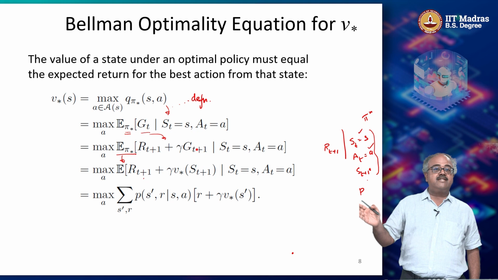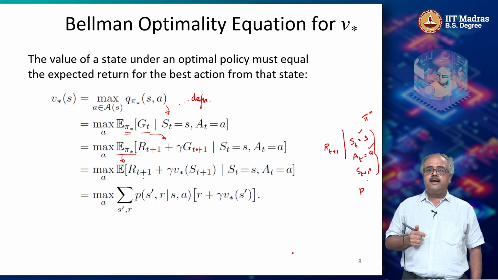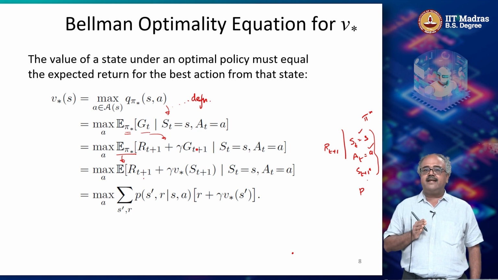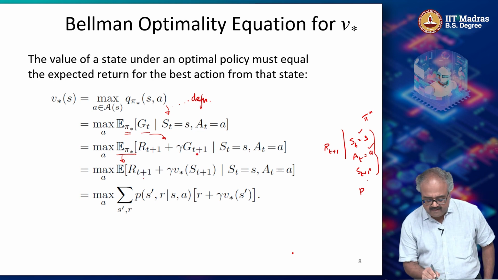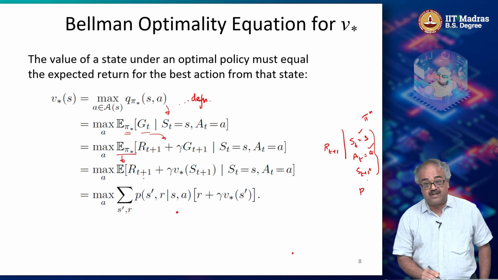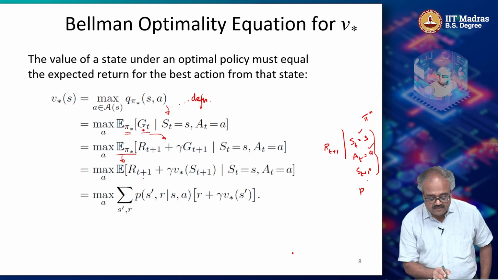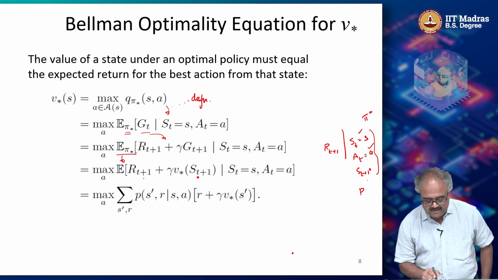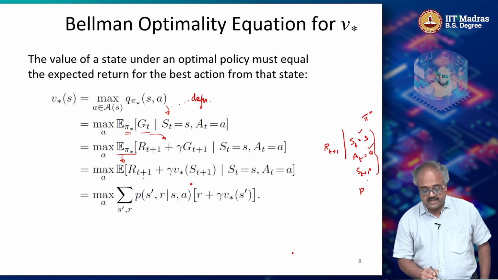So from ST plus 1 onwards, I am taking actions according to policy pi star, right? So that is exactly where the pi star expectation plays a role. So I take the expected value under pi star of GT plus 1. Now what is the expected value under pi star of GT plus 1? It is basically V star of ST plus 1.